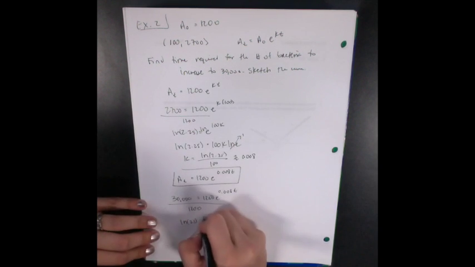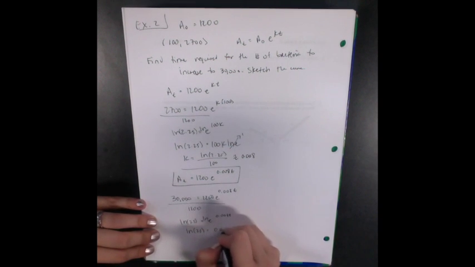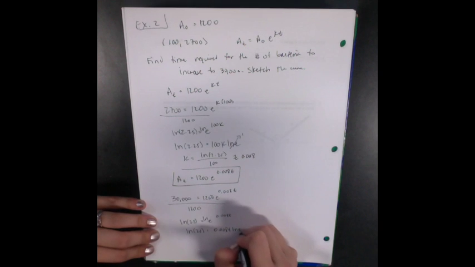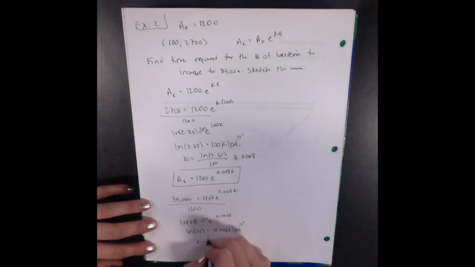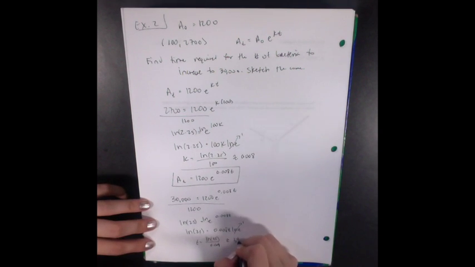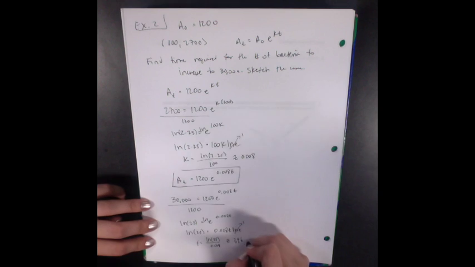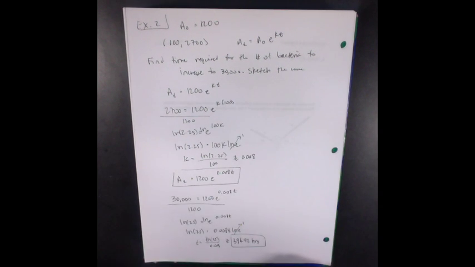And I take the natural log, leaving me with the natural log of 25 is 0.008t times the natural log of e, which is 1. So t is the natural log of 25 divided by 0.008, which is approximately 396.92 hours. Don't forget your units. Units, super, super, super important.